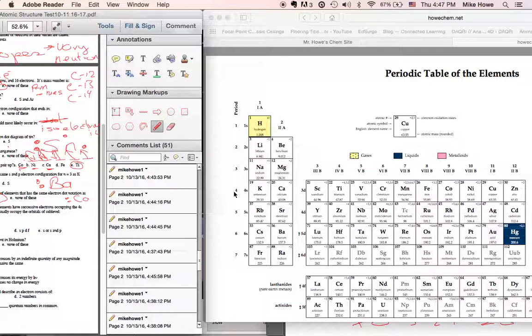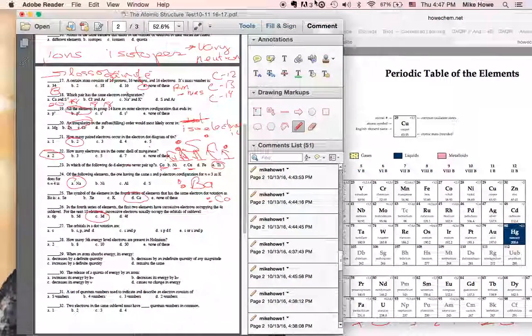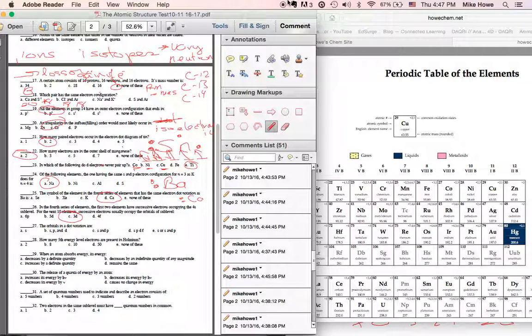What's in front of it? 4S. Here's 4D. What's in front of that? 5S. And that holds true for F as well. See the F down here? In front of that's a 6S. So the outer shell will either be S or S and P. So the answer I was looking for was E, but if you said S and P, I took C as well.